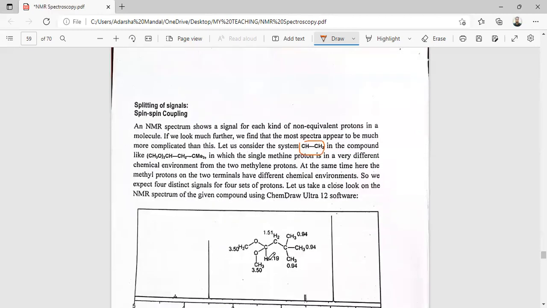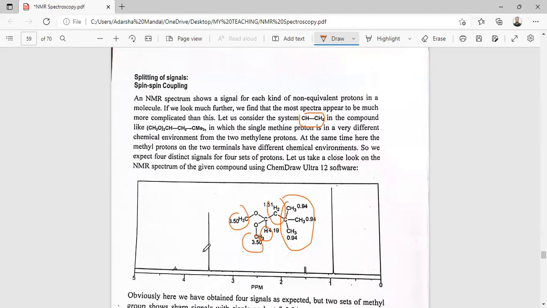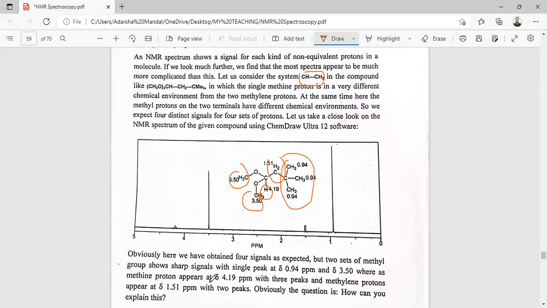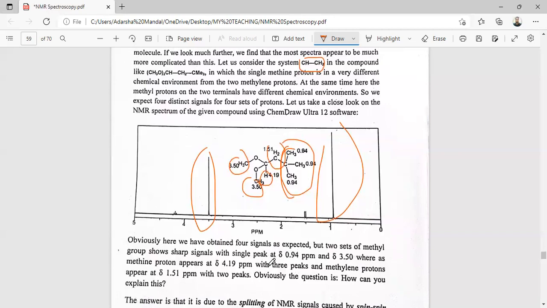For this molecule, these CH3 are equivalent, these CH3 are equivalent, and this CH2, so a total of 4 types of protons appear in the NMR spectrum. Obviously we obtain 4 signals as expected, but the 2 sets of methyl groups show sharp signals, but with a single peak.